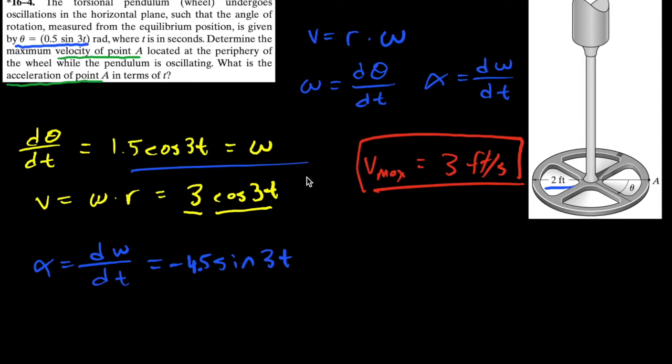Let me write that a little neater. So this is our function for angular acceleration. The question is not asking for angular acceleration; the question is asking for acceleration. This means that we need to convert this into coordinates that we're familiar with.